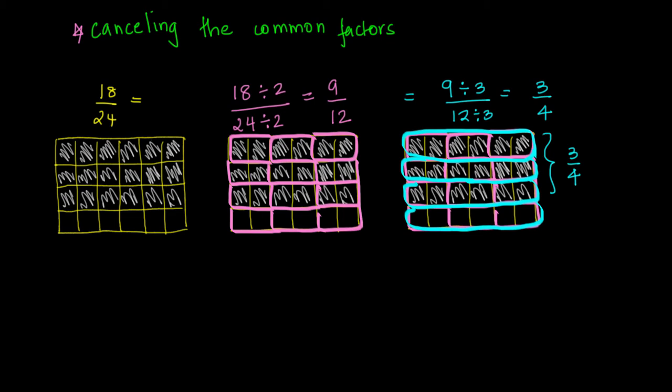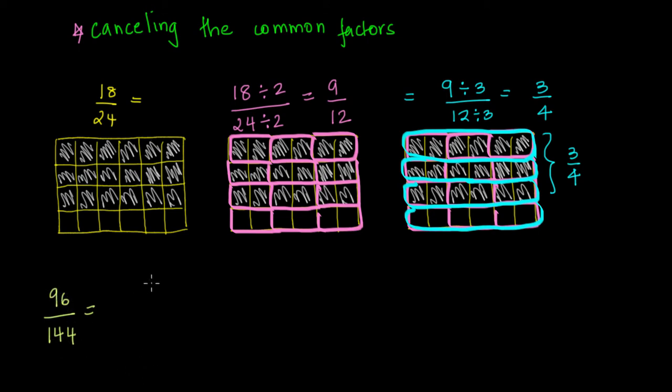Let's take another example. Let's take 96/144. There are two ways of cancelling the common factors. One is where you divide both the numerator and the denominator by 2. The other is, I know that 2 is a common factor for both 96 and 144.